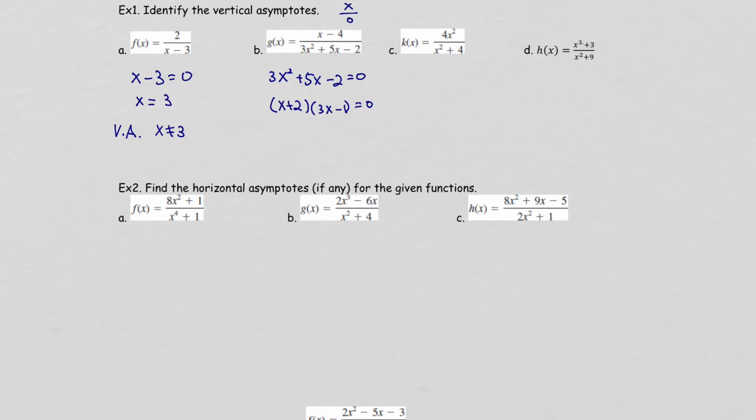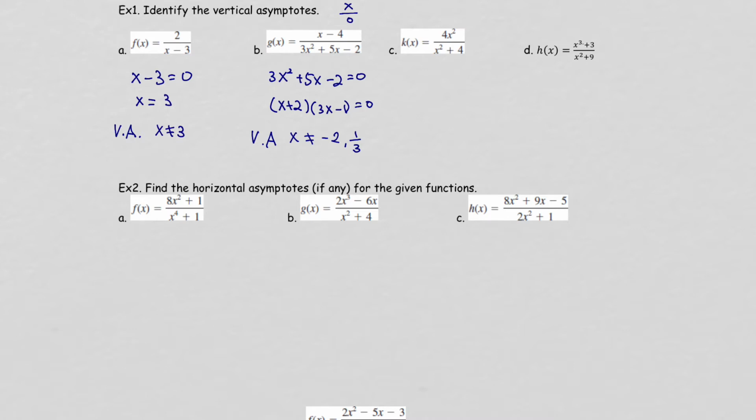It means your x can never be equal to negative 2 over 1, you could say that's just negative 2, right? From the first parentheses, and from the second parenthesis, x can never be equal to positive 1/3. So that's the restriction, and your restriction will be your vertical asymptote.